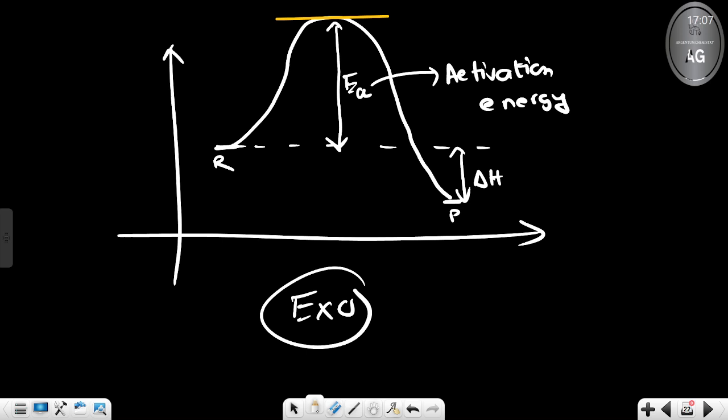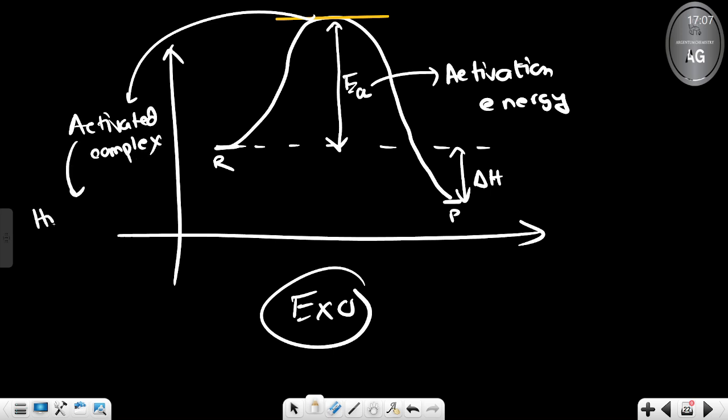That means it is the state where the system has the highest potential energy. Just remember this point, important.